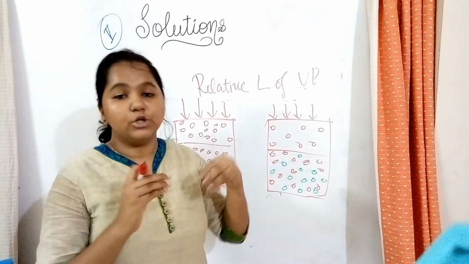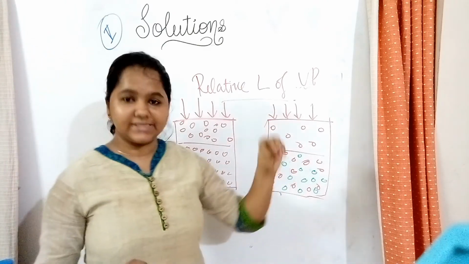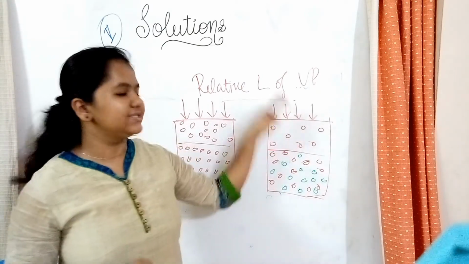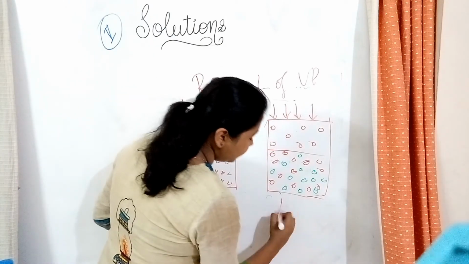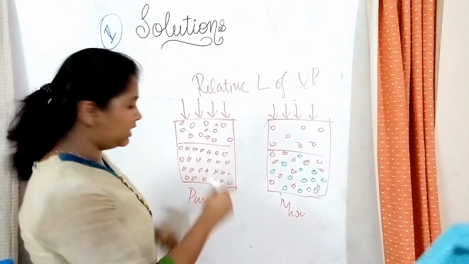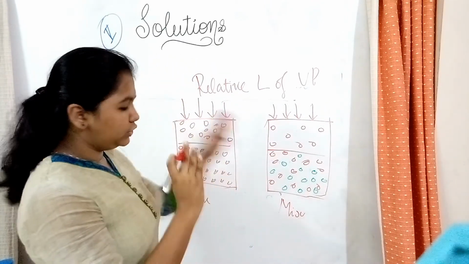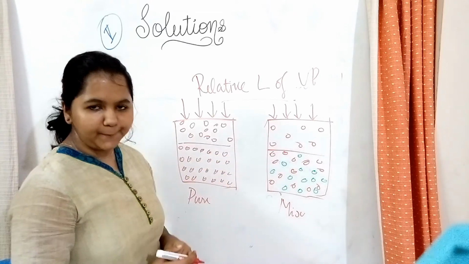The surface also would have the solute particles, so the number of solvent particles on the surface would decrease, hence lowering the vapor pressure. So when you move from pure to impure, the vapor pressure decreased.